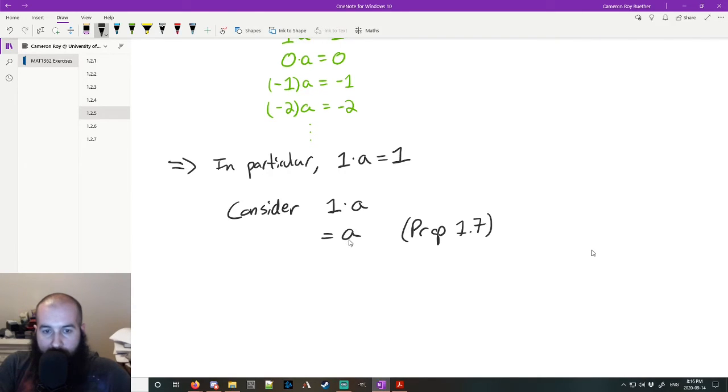And so now what we can say is a is equal to 1 times a, and 1 times a is equal to 1. So a is equal to 1 times a, which is equal to 1. And so here we can apply transitivity of equality.